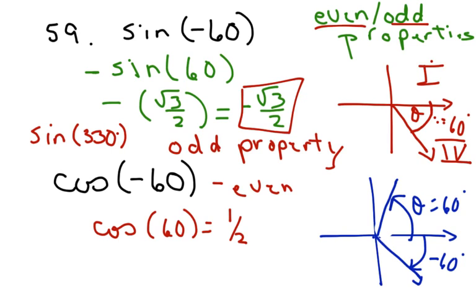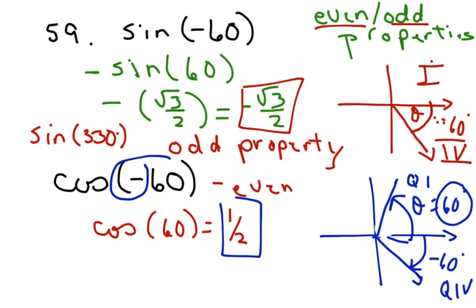The reference angle for negative 60 is 60. Since cosine is positive in quadrant 1 and 4, we can just take out the negative here and not worry about looking at the unit chart. So if you know what quadrant 1 is for cosine, you can just take it out and you have your value. You need to think about this a little more. We'll do more of these in class.